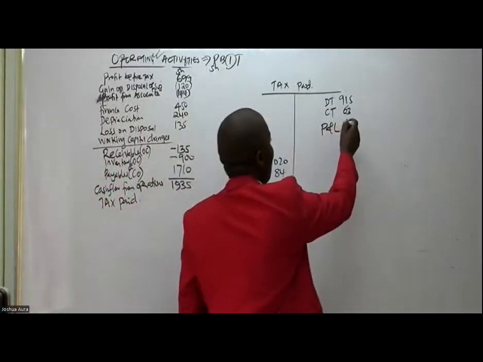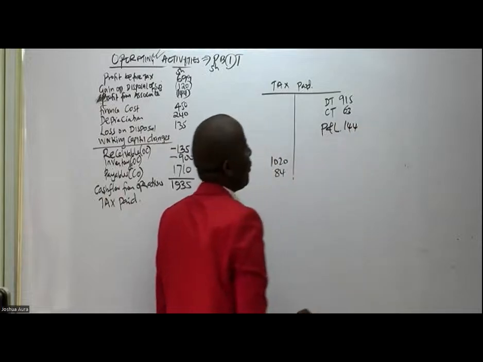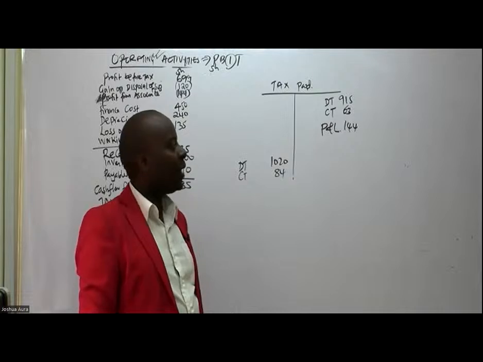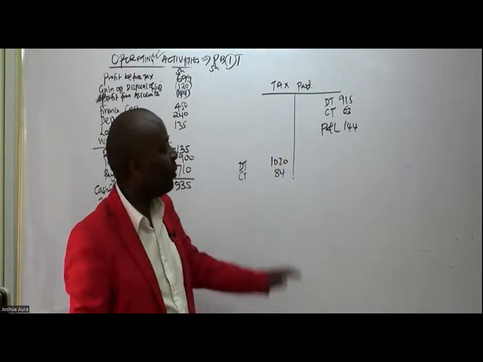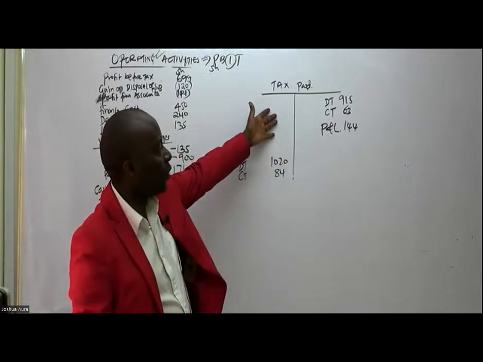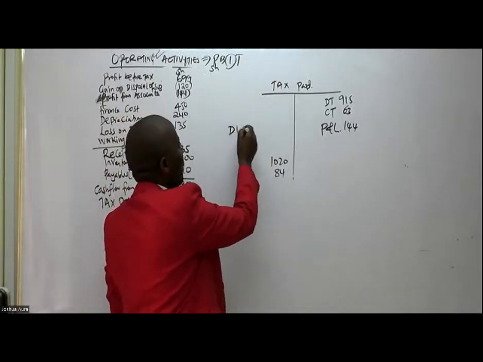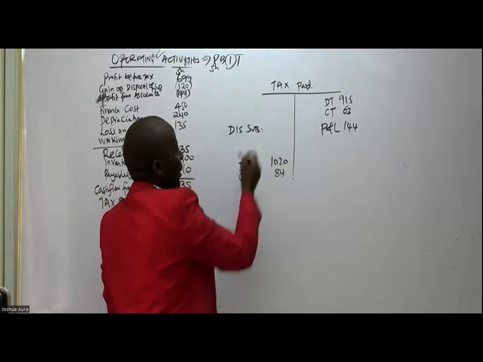So P&L 144. In this case, don't forget the disposed subsidiary will reduce the tax obligation because it went with some tax.